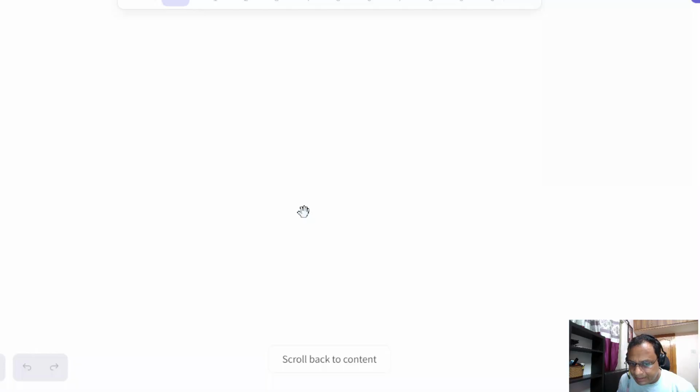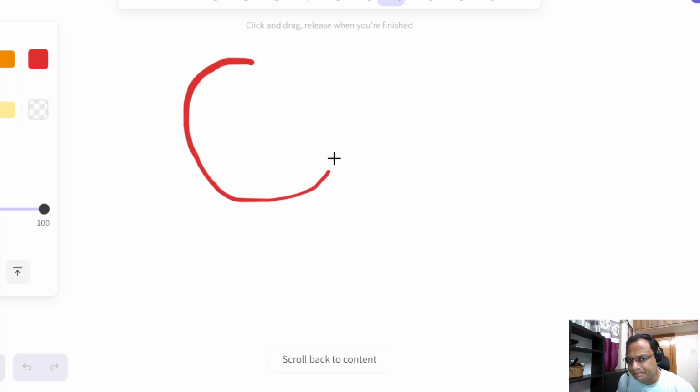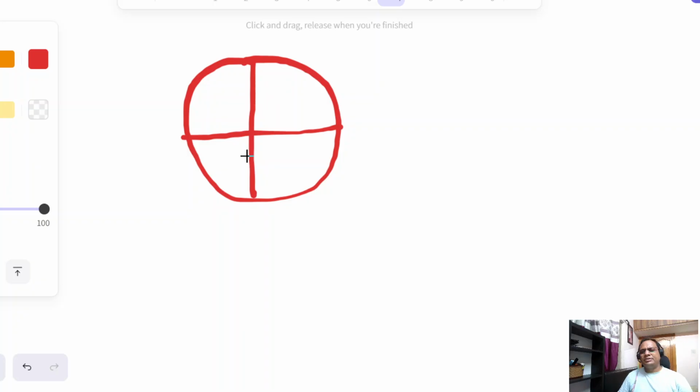So let me take an example. So we have a pizza, right? In a pizza, how many parts do we have? It depends, right? Some pizzas have 4 parts. So a fraction is actually a part.